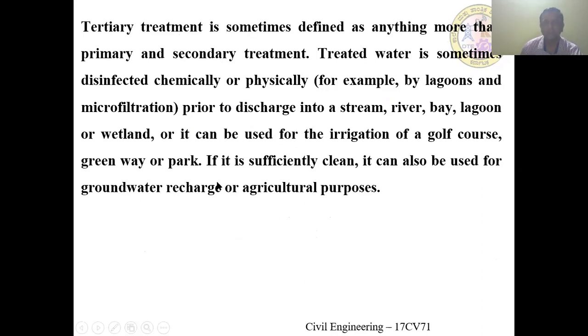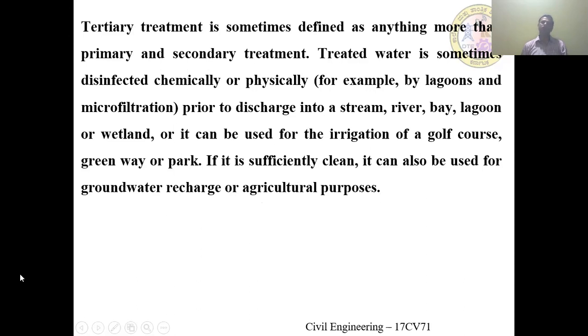It can be used for the irrigation of a golf course, greenway, or park. If it is sufficiently clean, it can also be used for groundwater recharge and agriculture purposes.